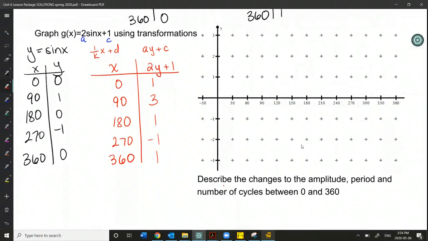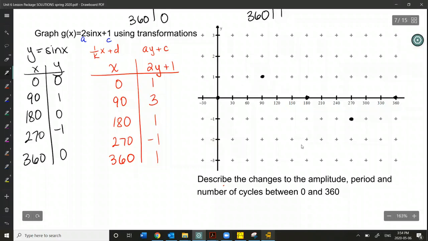And we are going to graph one cycle of the parent function, and then we'll see how many we can fit of the transformed function. I think it'll be one cycle as well. So for the parent function, we're going to start by graphing each of these points: 0, 0; 90, 1; 180, 0; 270, negative 1; and 360, 0. Make sure, guys, no zigzags like this.